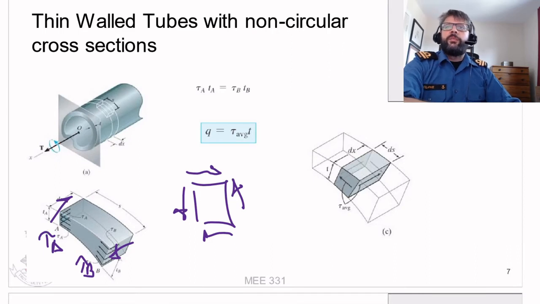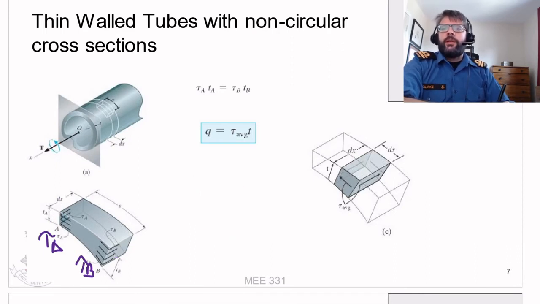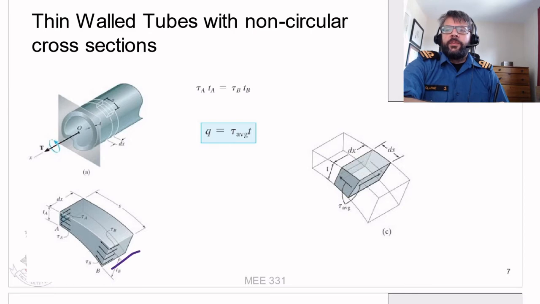If we want this element to be in equilibrium, then the total force acting in this direction needs to be the same as the total force acting in that direction. We're assuming the slice we took is a constant width, but the thickness could change.